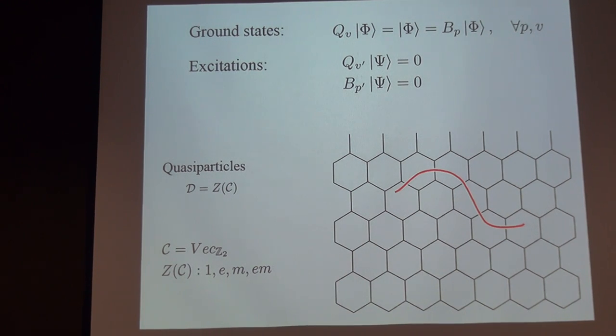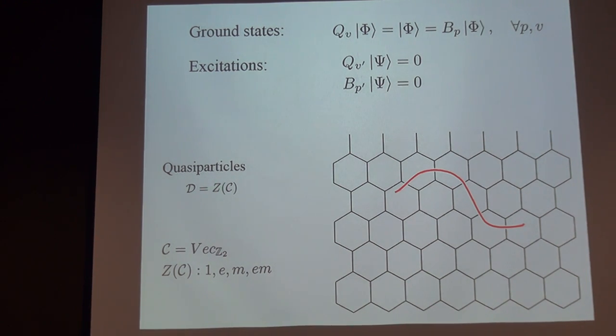It doesn't matter along which path you move these quasi-particles. This is a topological property of the quasi-particles of the excitation. In general, the quasi-particles are characterized by the quantum double of the input data.